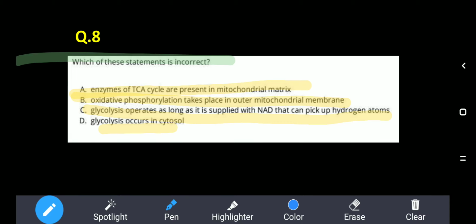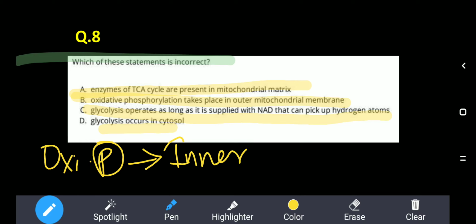Okay. Out of the options given to us, let us have a general discussion on oxidative phosphorylation. It occurs in the inner mitochondrial membrane.